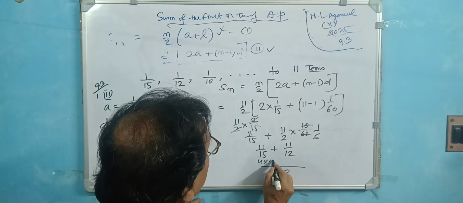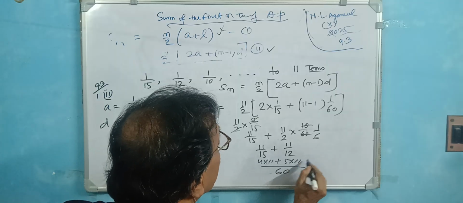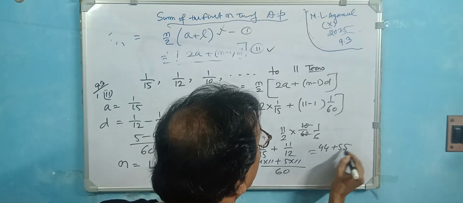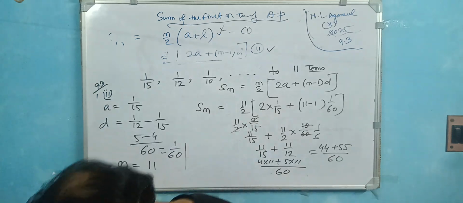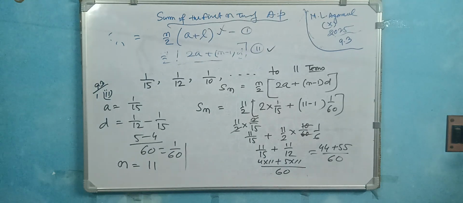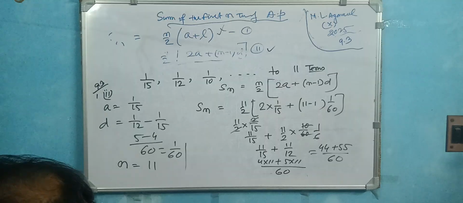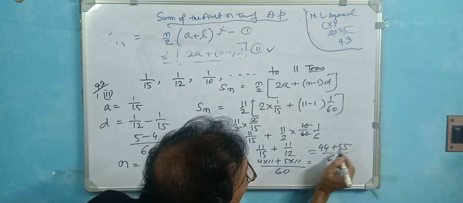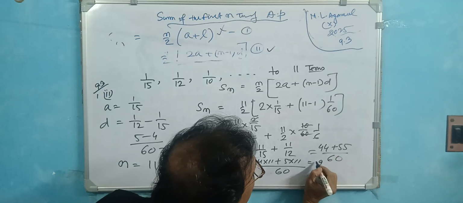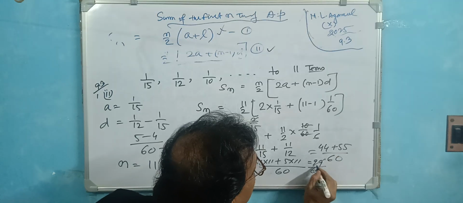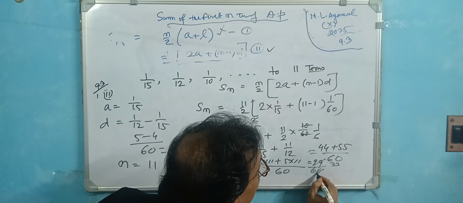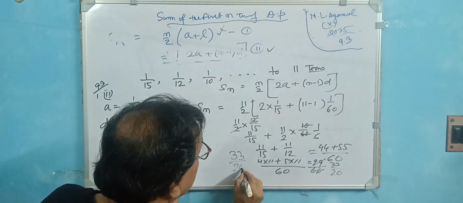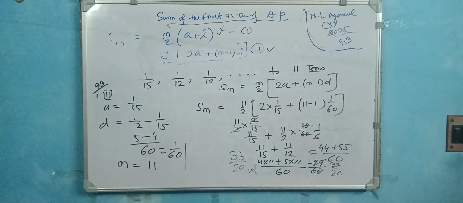So 4 into 11 plus 5 into 11, so this is actually 44 plus 55 by 60, which is 99 by 60. If you cut by 3, this is 33 by 20. What is the answer? 33 by 20. This is the answer.